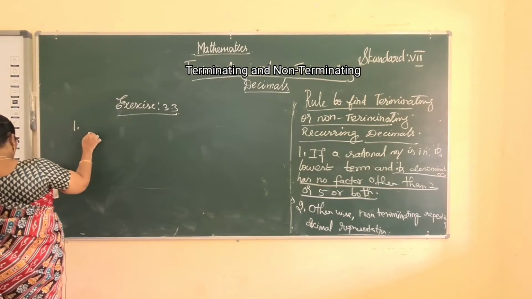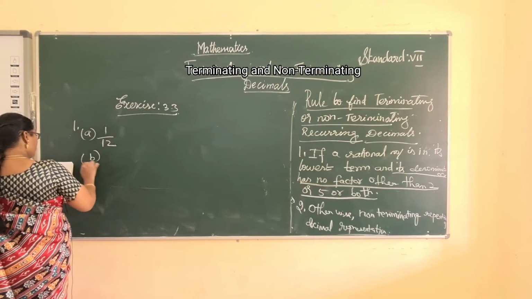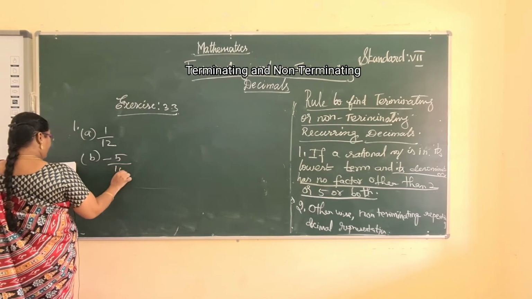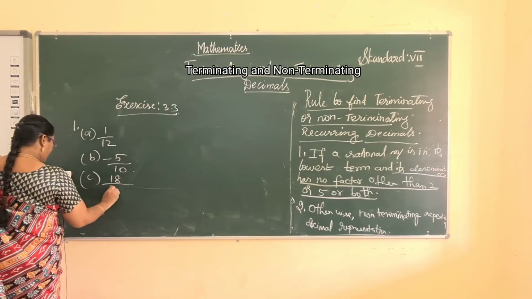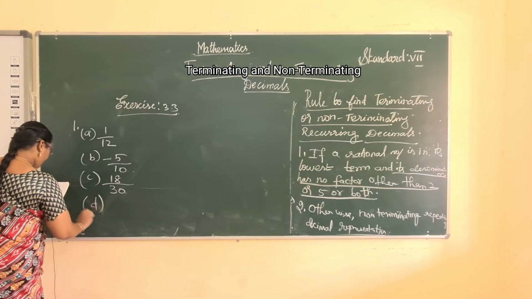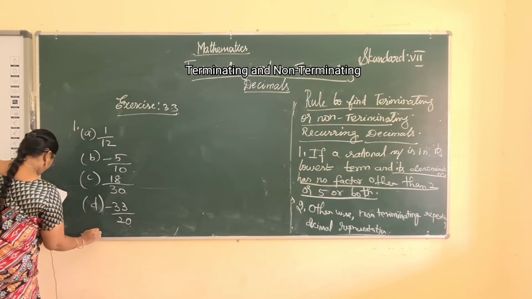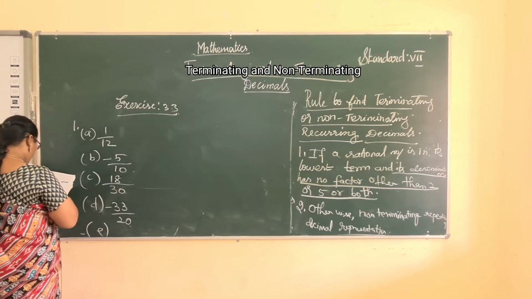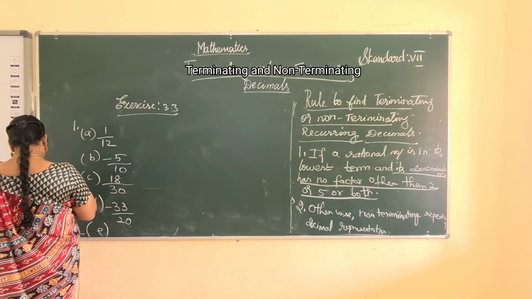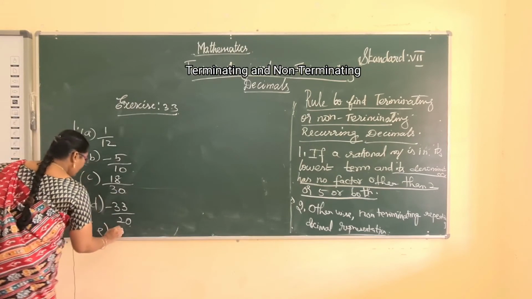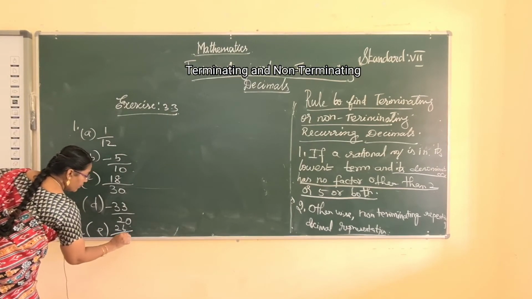A, 1/12; B, minus 5/10; C, 18/30; D, minus 33/20; E, 26/25.